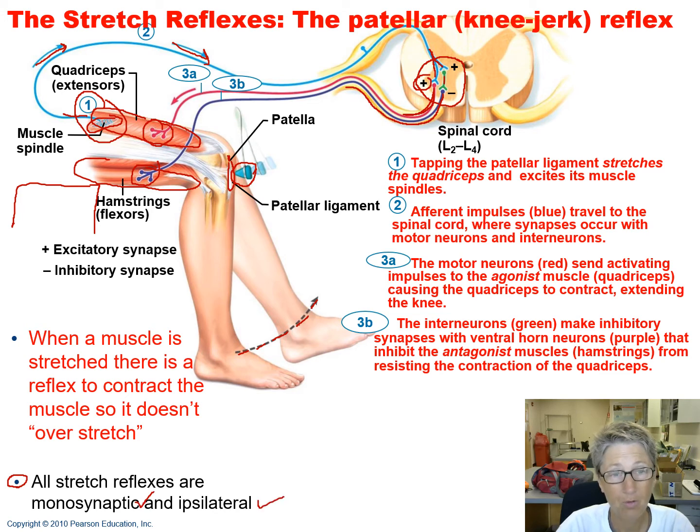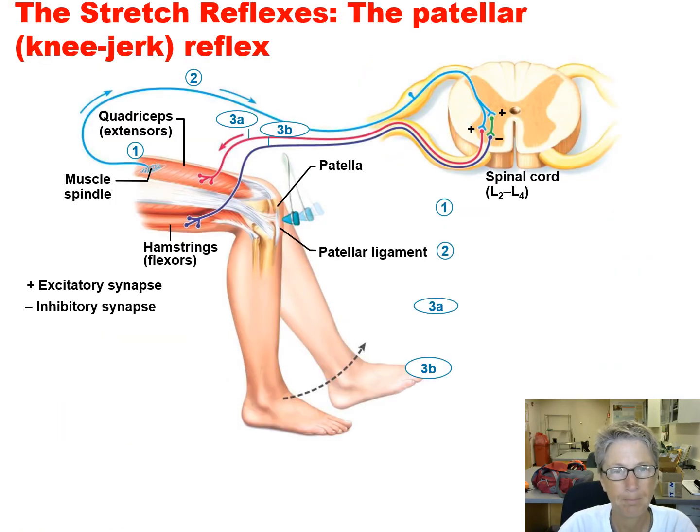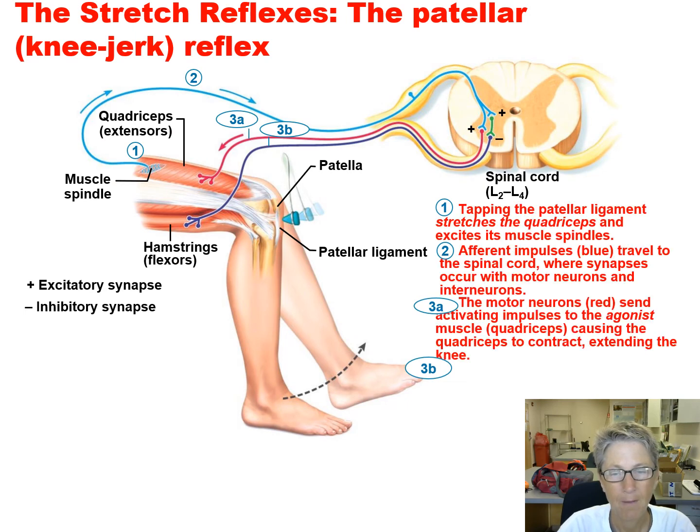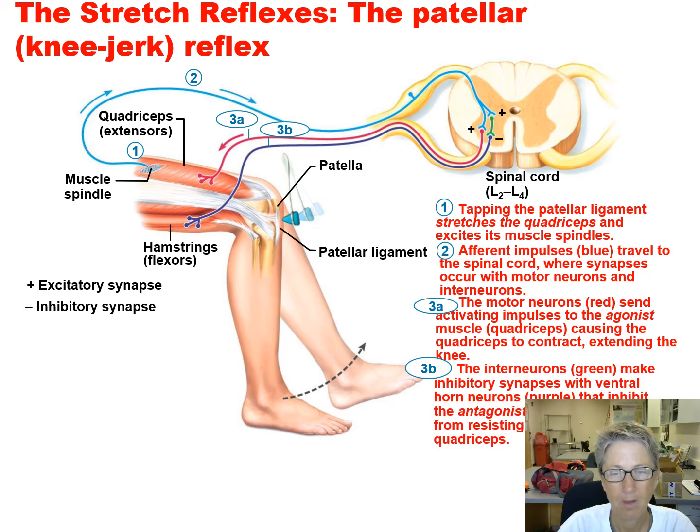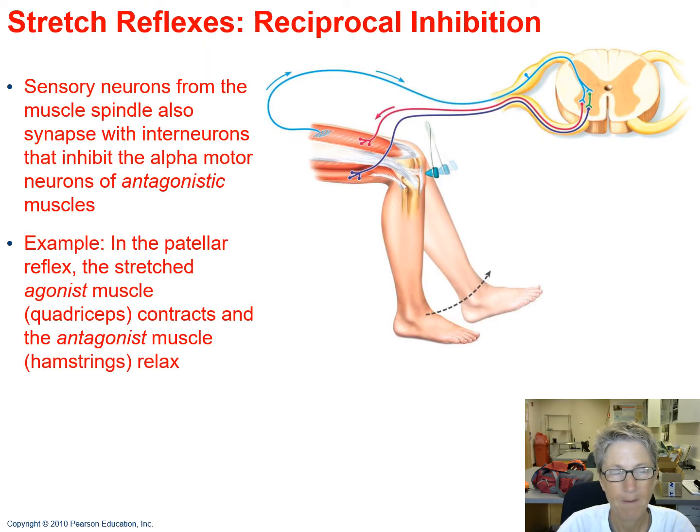So all the stretch reflexes have one synapse, and they are monosynaptic reflexes. Ipsilateral means that the reflex takes place on one side of your body. Okay, and you can try to do this on your own.